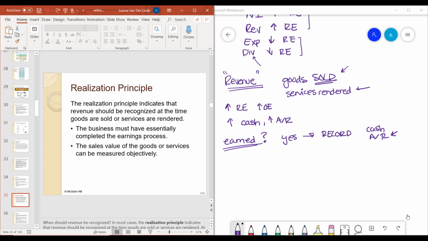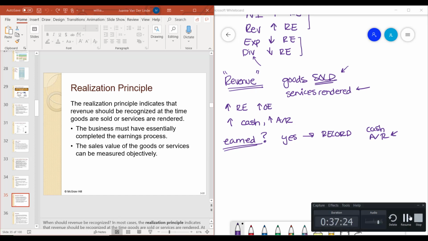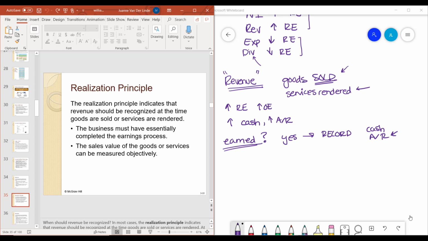This is the rule that governs when and how we should recognize revenue as earned or not. So this principle basically says that you should recognize revenue as earned, like we said a couple of moments ago, when goods are sold or services are rendered. And also, we need to be able to measure the sales value objectively. It's not like we can say, oh, I think I sold it for this much.